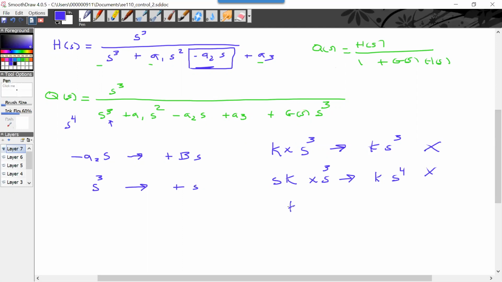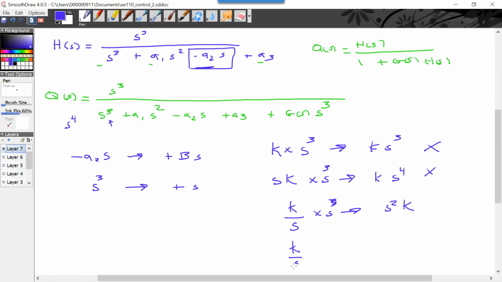Now I could have K divided by S times S cubed, which would give me S squared K. It's not 4th, it's not 3rd, it's not 2nd. I mean, it is 2nd, sorry. But I've actually started heading in the right direction.